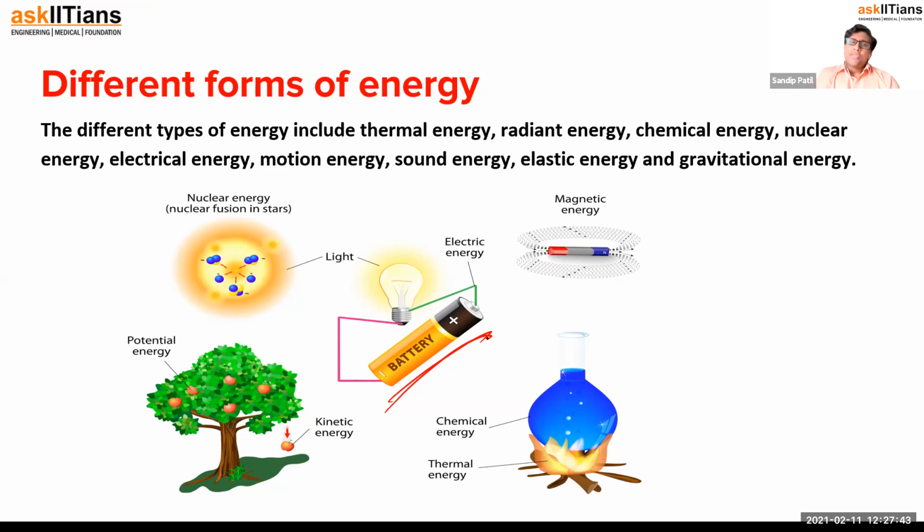Right. So then potential energy, we also talked about that. Here also you can see this is the apple tree, right? Is it Newton's apple tree? I don't know, maybe a different one. So that apple, when it is at the top, has some potential energy. It wants to go down, right? I told you every object wants to go down. So that apple has potential, it wants to go down.